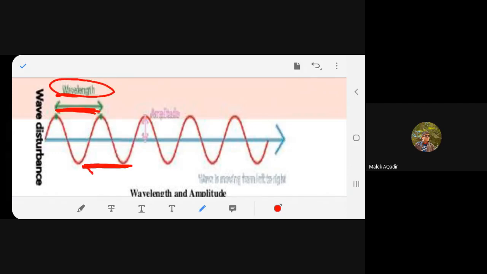Yes or no? Hello. Please respond. The distance between two crests or two troughs is wavelength. Boys, can you hear me? Yes, ma'am. Do you agree whatever I'm saying or not? Or if you really want to say something else, you can.